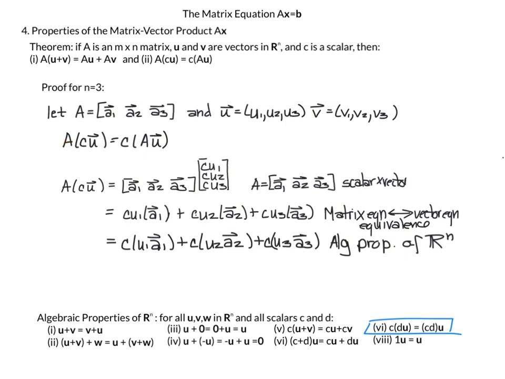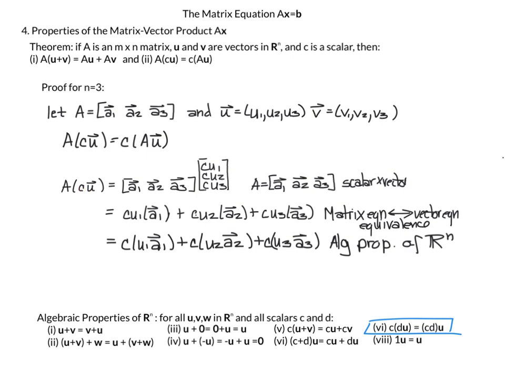Proving that A times a constant C times the vector U is equal to pulling out the C, C times AU, I use sort of the same strategy. I'm going to use the algebraic properties of vectors to prove properties of the matrix. So I have A times CU. So I'm going to write A as vector columns because I have properties about vectors I've already proven.